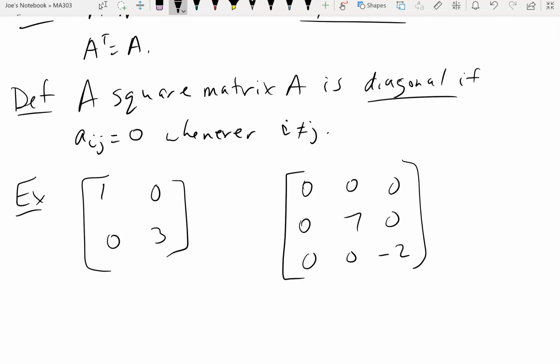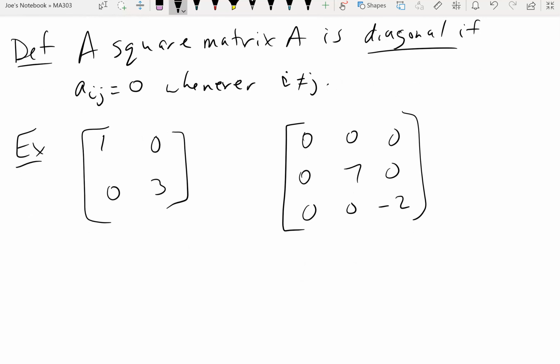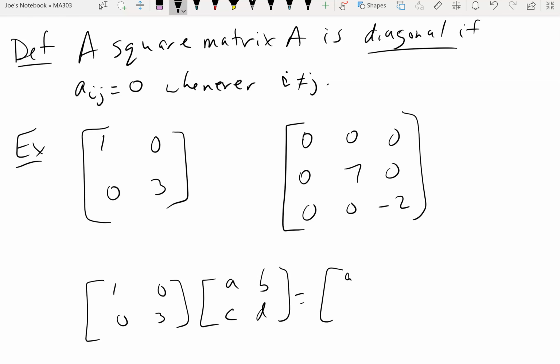If I take this 1, 0, 0, 3 and multiply it by any other matrix, this entry in the 1, 1 corner gets multiplied completely across the first row, and we don't add anything to it because there's zeros everywhere else in that row.